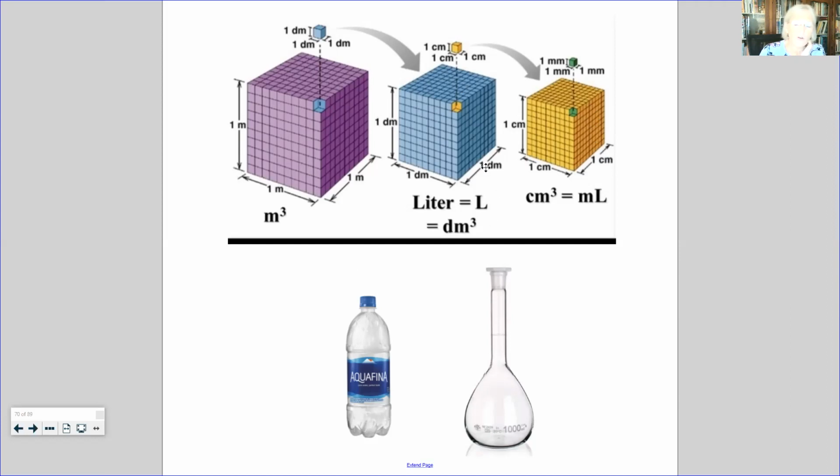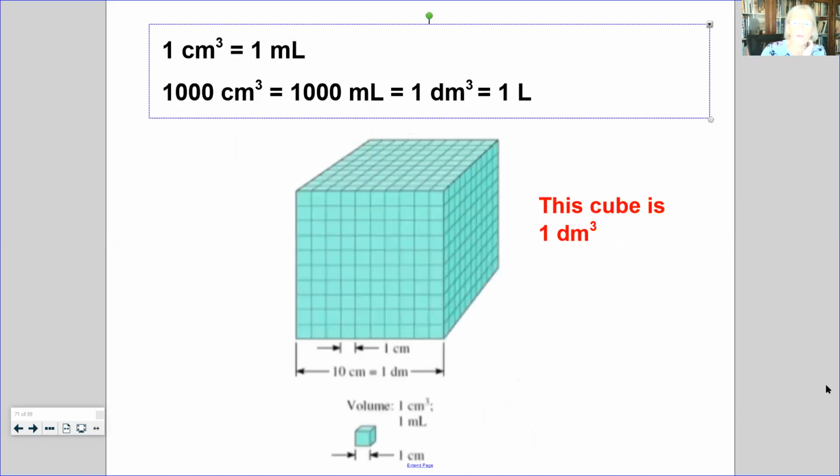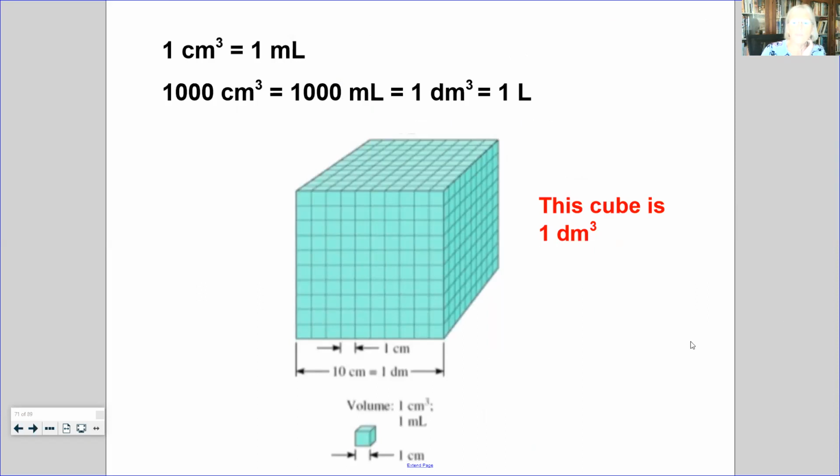A liter or a cubic decimeter is commonly used. We drink soda from it, we have volumetric flasks and graduated cylinders that measure out this quantity. You really need to appreciate that 1 cubic centimeter is 1 milliliter. That is a definition.